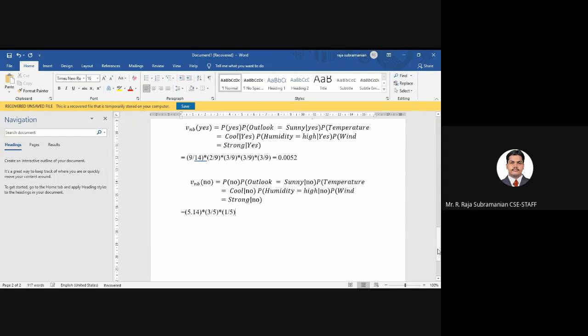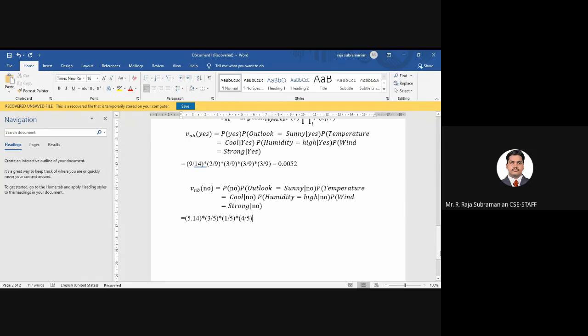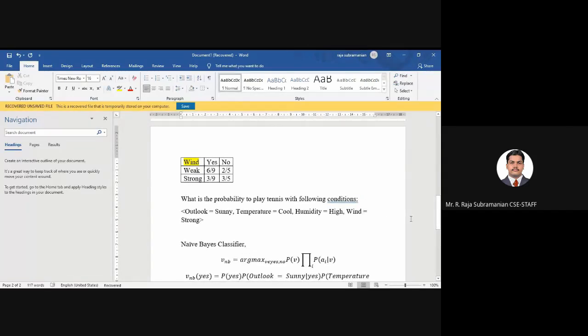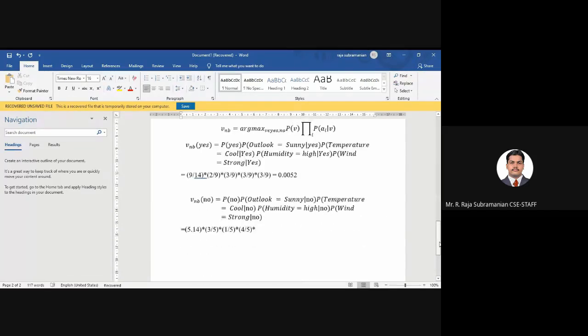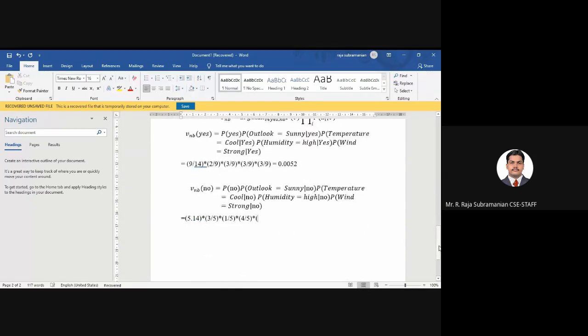And what is next, humidity given no? 4 by 5. Wind? Wind should be strong and no: 3 by 5. So we'll quickly find our total value. That is 3 divided by 5. So my result will be 5 divided by 14.